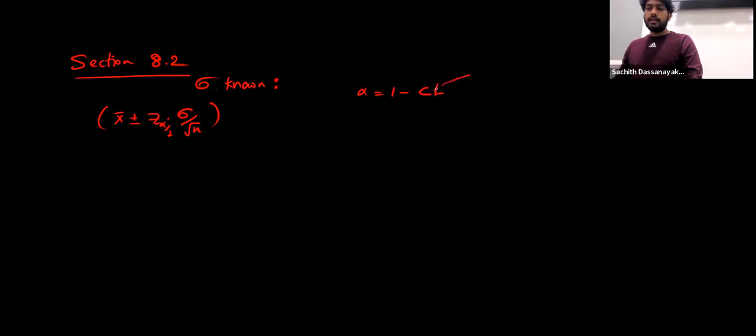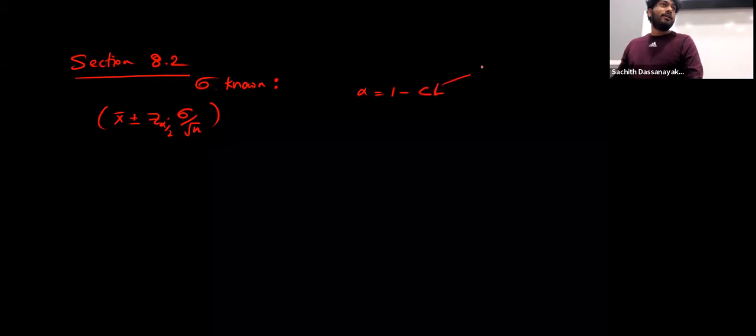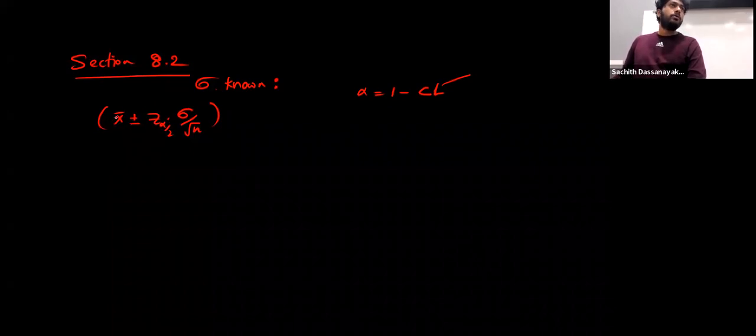The CL is the decimal version of the confidence level. Then simply get alpha over 2 and find this value. X bar sometimes you have to find using the given observations. Okay, clear?